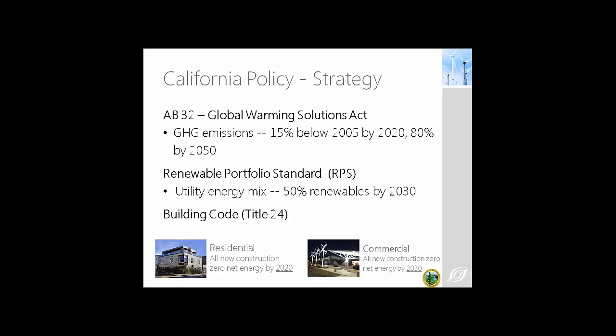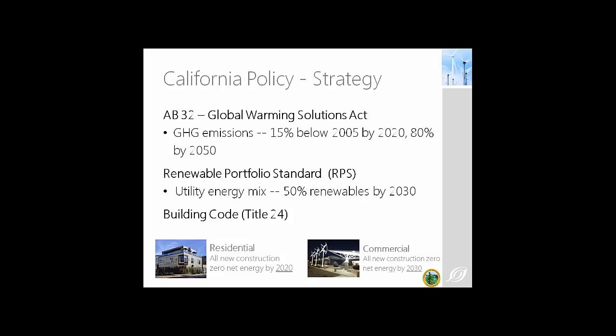Excuse me. California policy is very pro-energy efficiency and protecting the environment. AB 32, which most people probably have heard about, is our Global Warming Solutions Act. So the original was greenhouse gas emissions to 15% below 2005 levels by 2020, and it was just updated to 80% below 2005 levels by 2050.